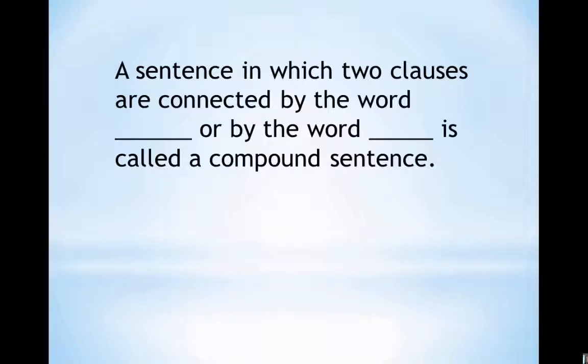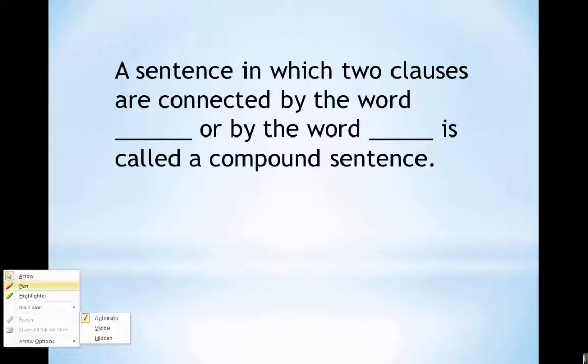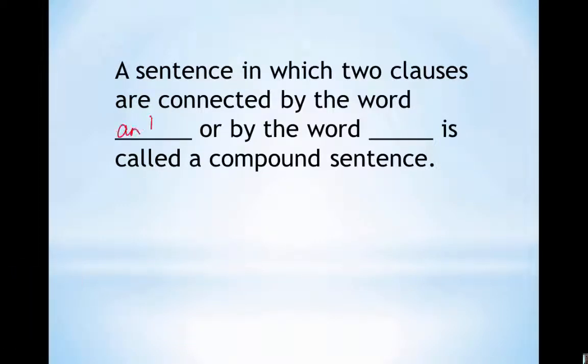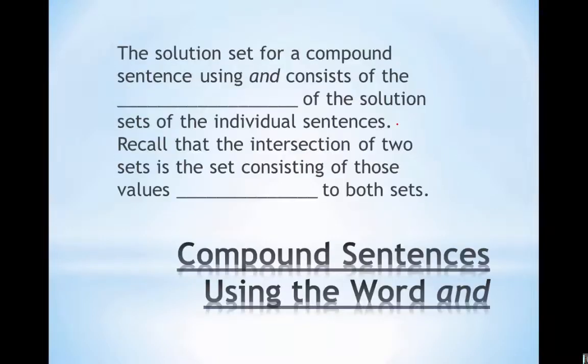A sentence with two clauses connected by the word and or by the word or is called a compound sentence. All right.